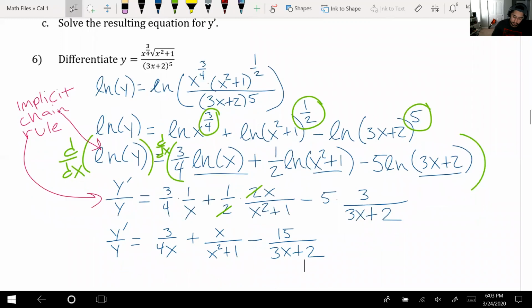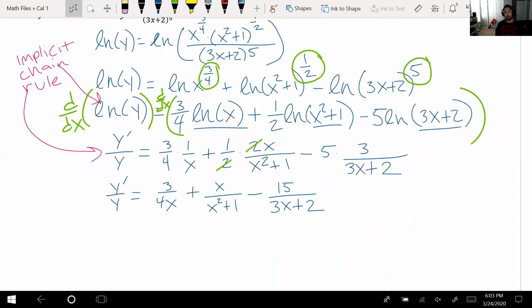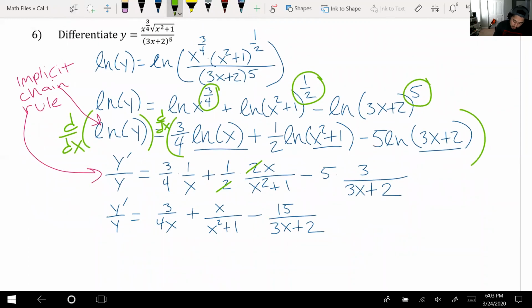almost there. Now our job is to solve for y prime. So to get y prime by itself, you have to multiply this y to the right side.